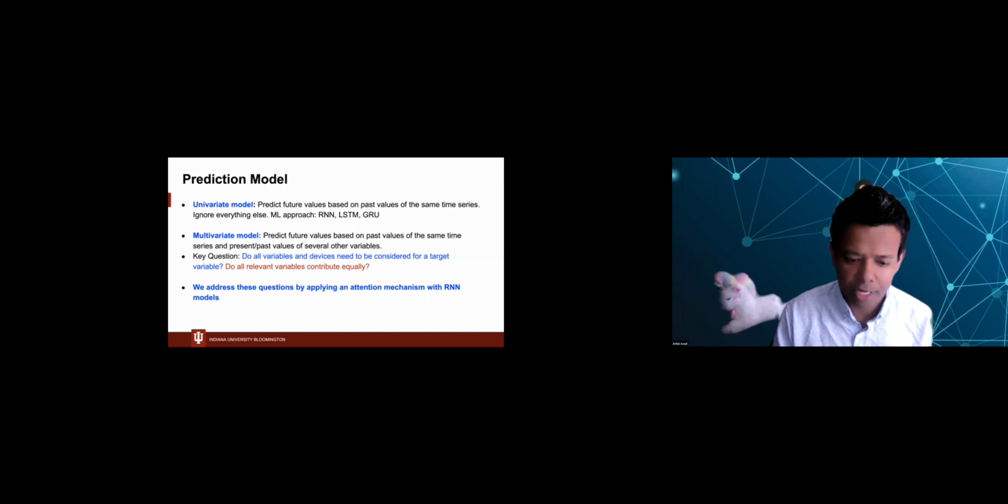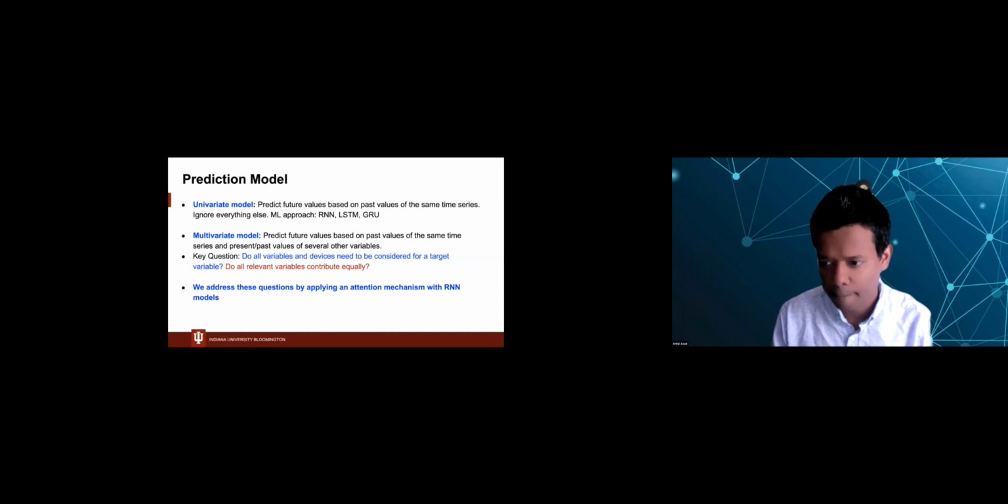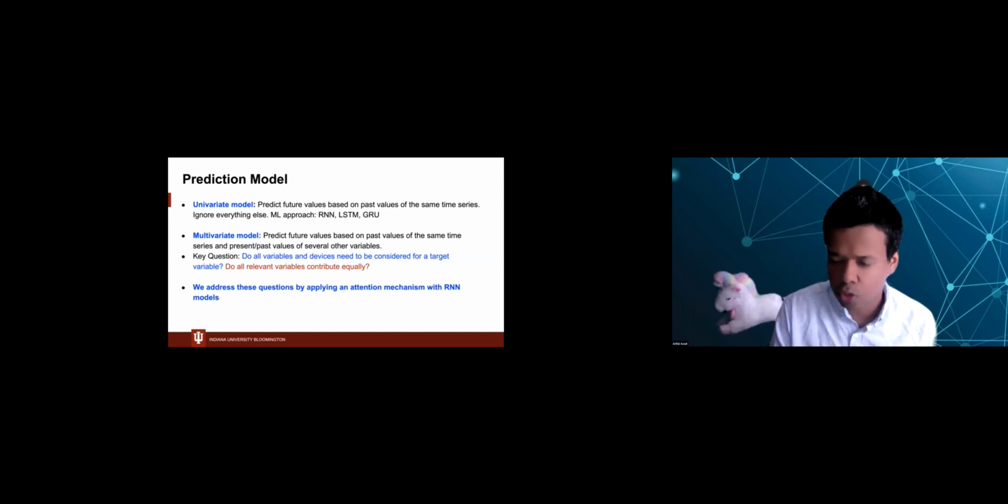For example, if we identify that the prediction of one variable can be done using 3 other variables, still in that case, their contributions may not be equal. So how can we capture that? In our model, we address this question by applying an attention mechanism with RNN, and that can capture or answer those types of questions automatically from training data.